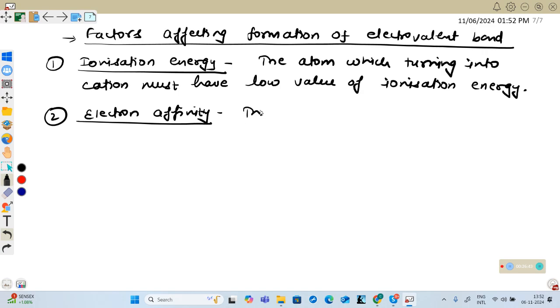This determines the tendency to form an anion.